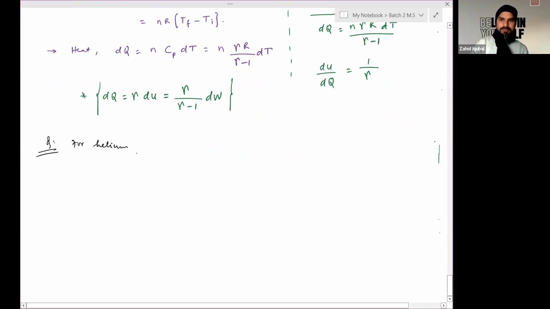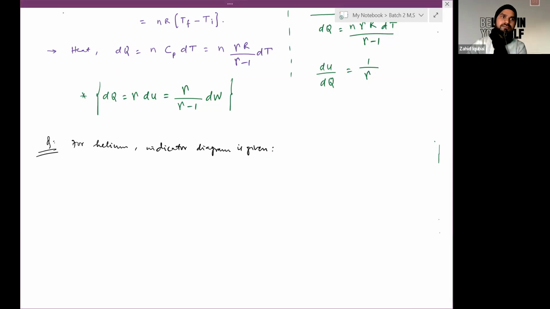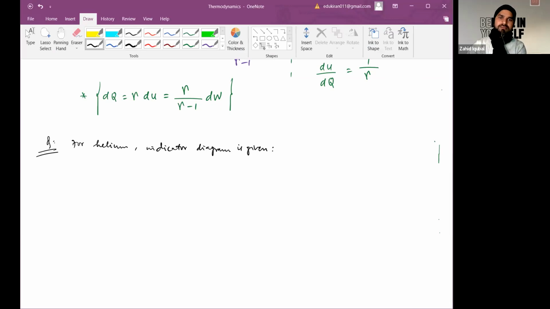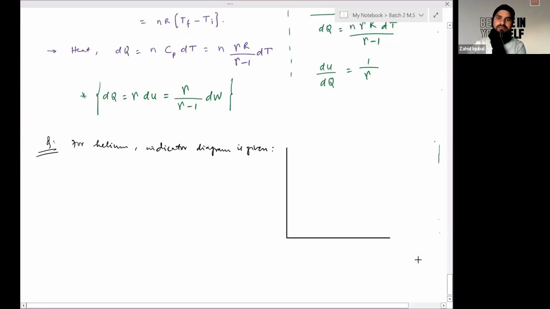For helium, the indicator diagram is given as pressure versus volume.